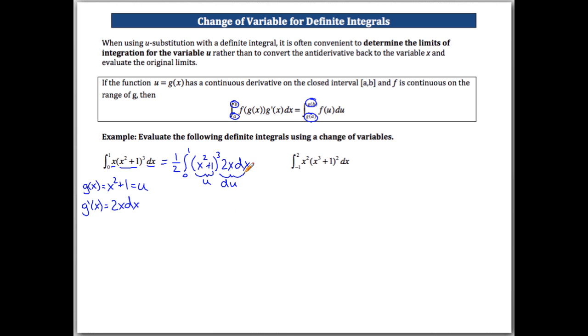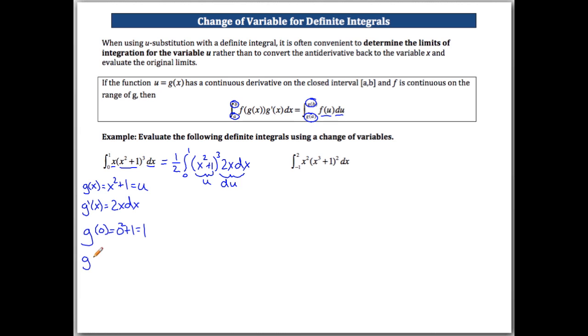So if we want to write this using u substitution, that'll be easy enough right there, but we also have to make sure to change our limits of integration. So we're going to find g of 0, which is the lower limit here. So that's going to be 0 squared plus 1, which equals 1.